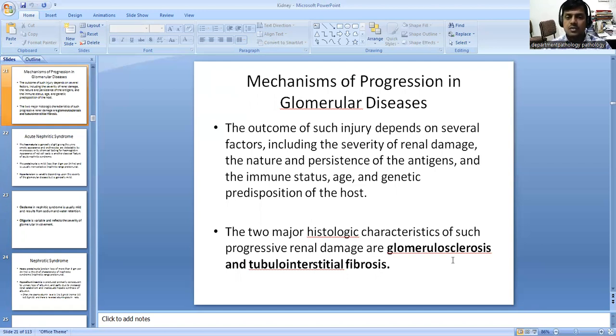The outcome of such injury depends on several factors, including the severity of renal damage, the nature and persistence of the antigens, and the immune status, age, and genetic predisposition of the host. The two major histologic characteristics of such progressive renal damage are glomerulosclerosis and tubulointerstitial fibrosis.